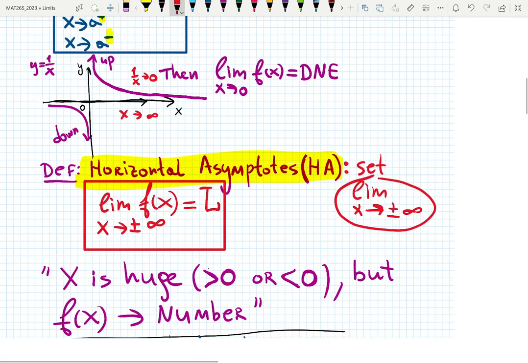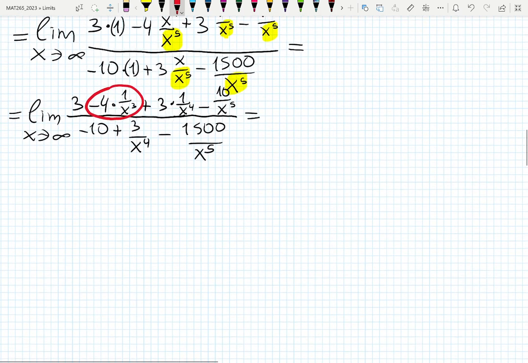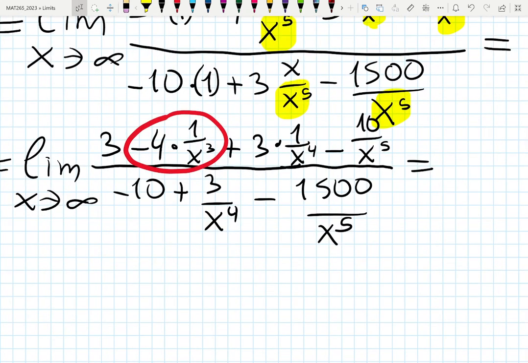In this case it's 1 over x cubed. You can use your calculator to figure it out, but that's not how I'm doing it. At x equals 100, 1 over x cubed is small: 1 over 100 and two more zeros and two more zeros. When x is a billion, it's smaller and smaller.